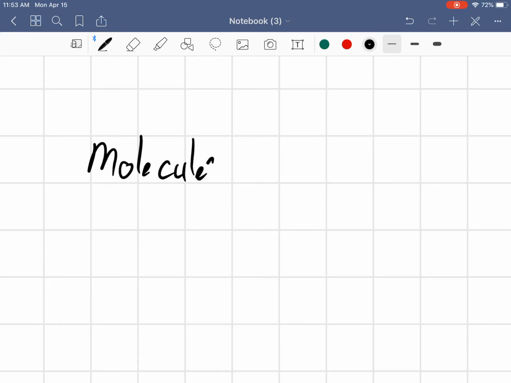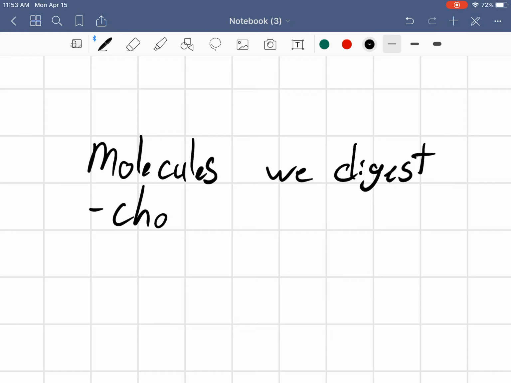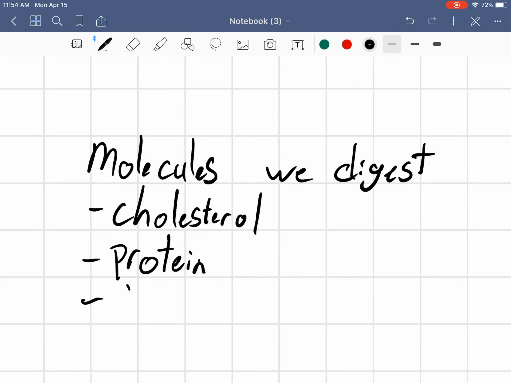digest as a part of that pathway. The first one worth mentioning is cholesterol. Second, we have our proteins. We have fats.